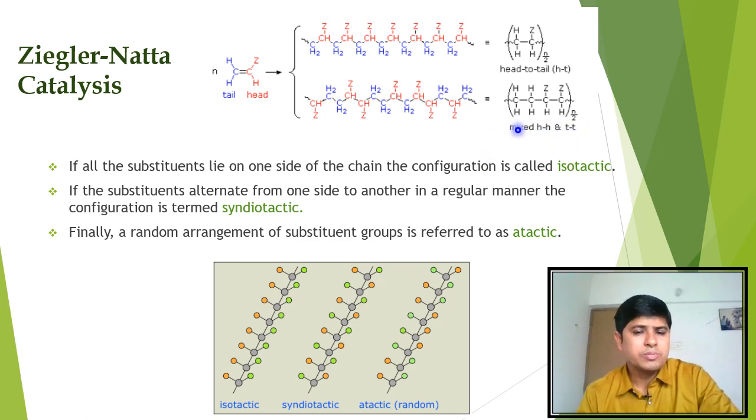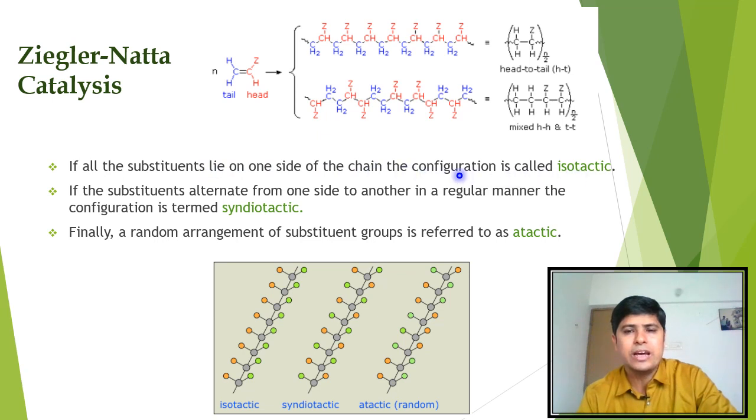If all the substituents lie on one side of the chain, the configuration is called isotactic. Suppose these are the substituents and they are lying on one side of the chain, this type of configuration is called isotactic.